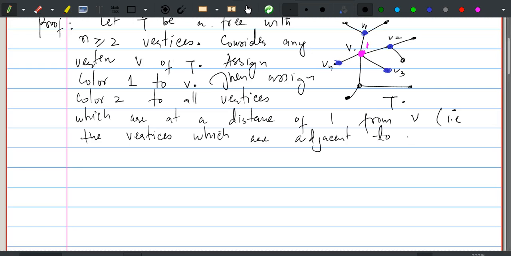So we are assigning them color 2, which is the blue color.